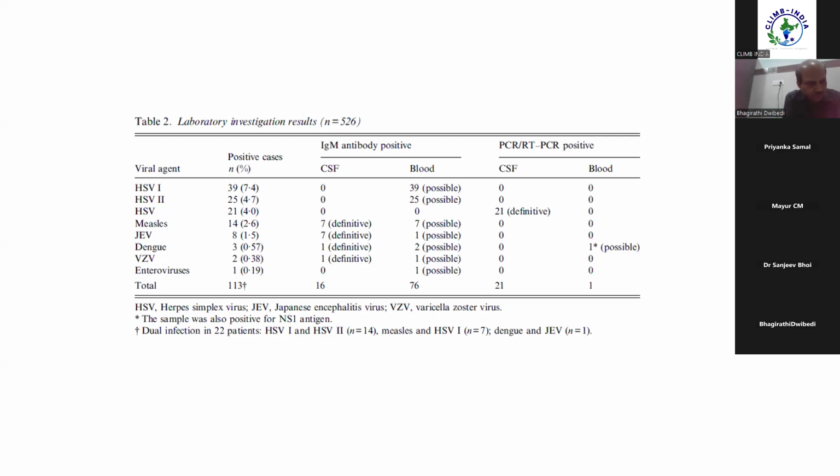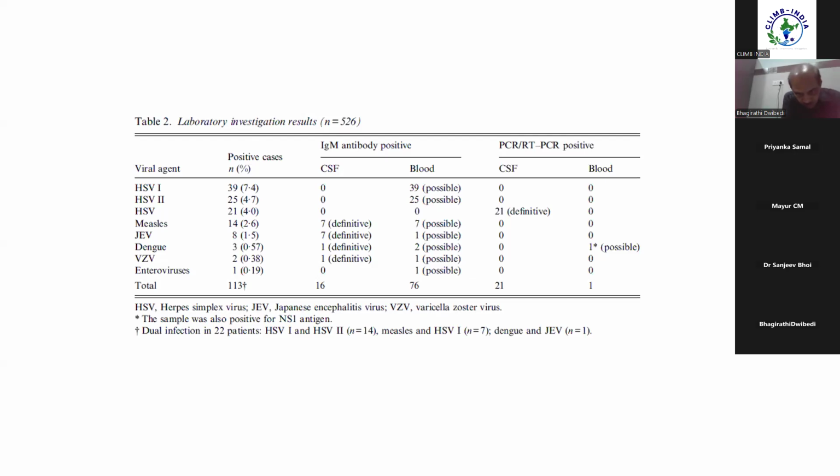So we tried to investigate more than 500 cases, samples from different parts of Odisha, including Cuttack, Bhubaneswar, and different district hospitals. And in spite of all investigations, we could get around 17.2% positivity out of 526 cases. That means maybe that we are missing many cases. So at large, 17% were diagnosed.